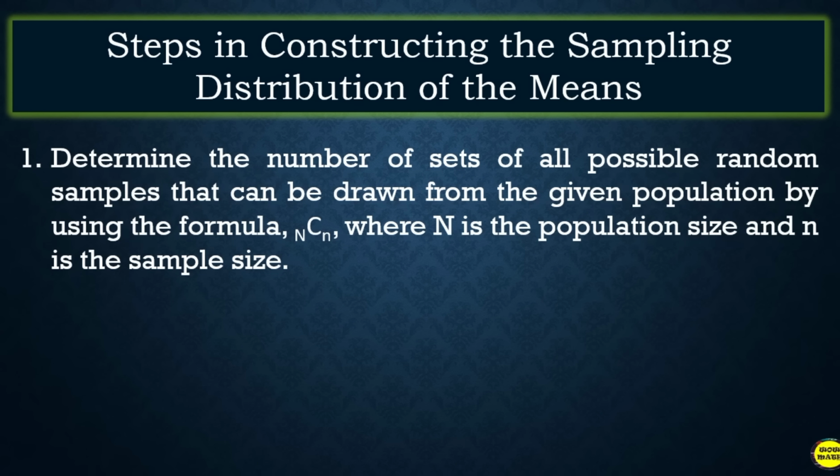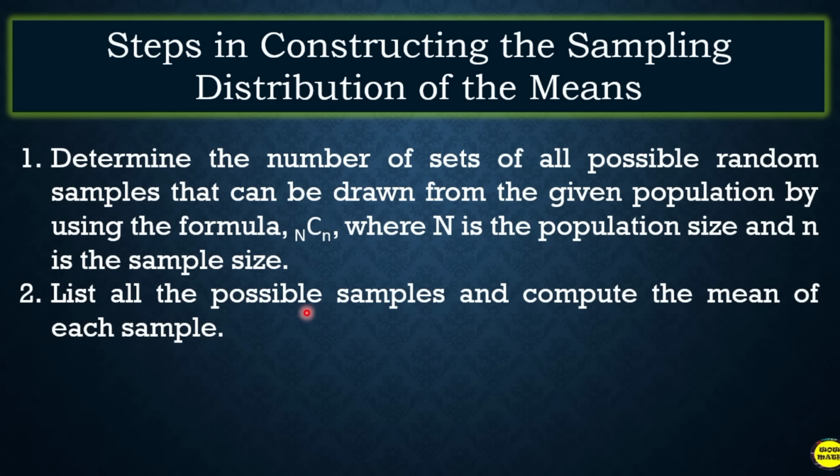So here are the steps in constructing the sampling distribution of the means. First, determine the number of sets of all possible random samples that can be drawn from the given population by using the formula of combination, where N is the population size and n is the sample size.